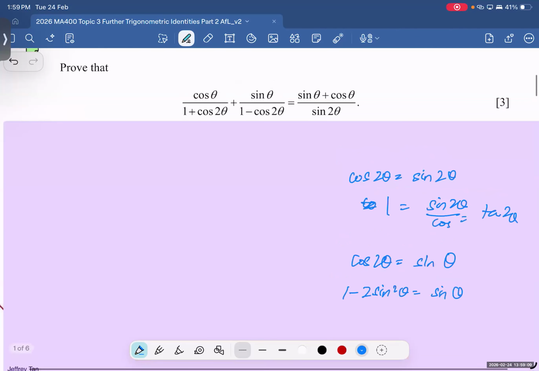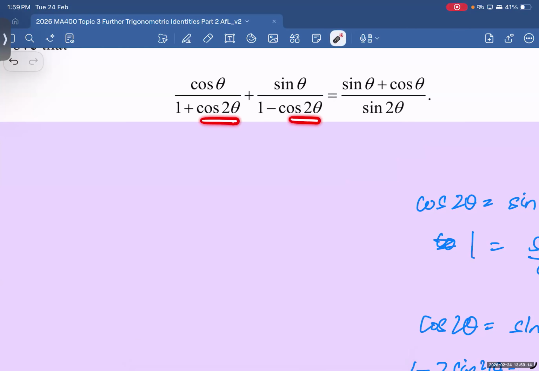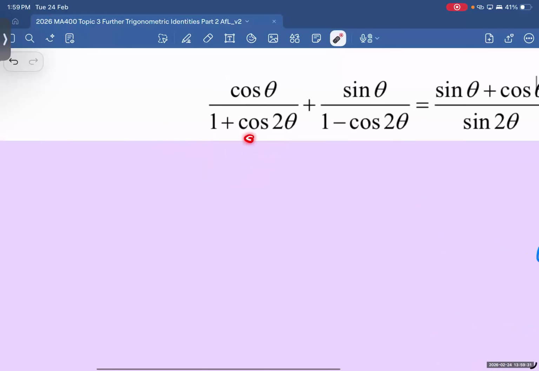What else? Still with me? Here, if I have cos 2 theta, which one do I use? When there's a 1 and there's a cos 2 theta, most of the time, the cos 2 theta form that you choose has to kill off the 1. You have to kill off the 1. The cos 2 theta that you choose has to get rid of the 1 here.